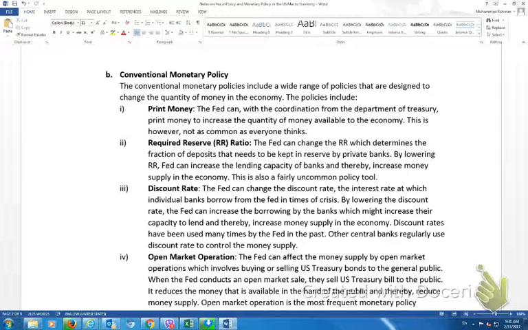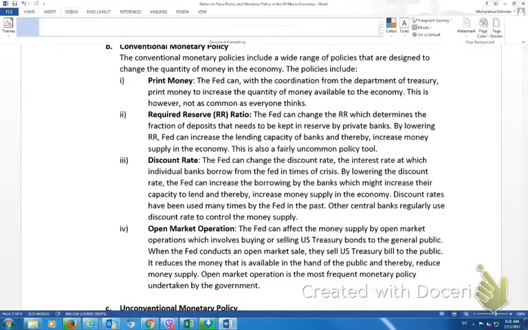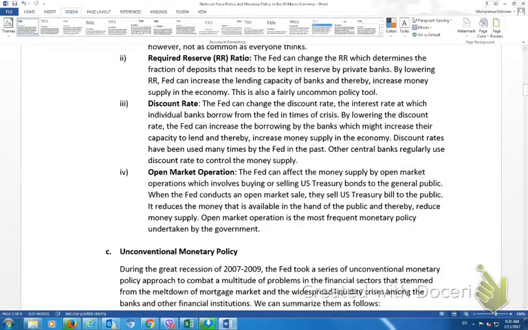The final conventional monetary policy, and probably the most popular one, is the so-called open market operations by the Fed. Okay, so let's explain that a little bit. The Fed can control the money supply in the economy by conducting open market operations.